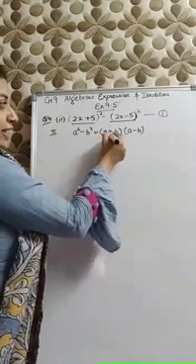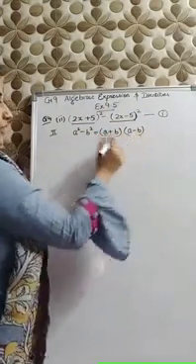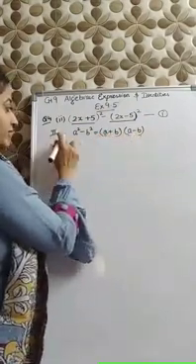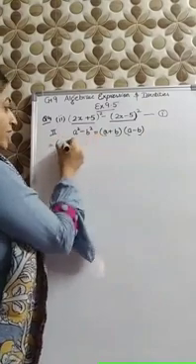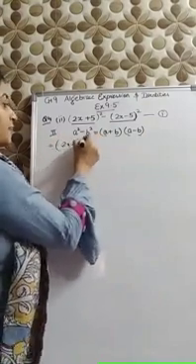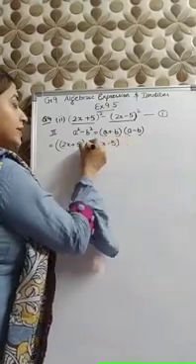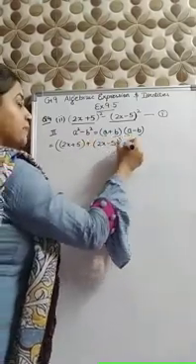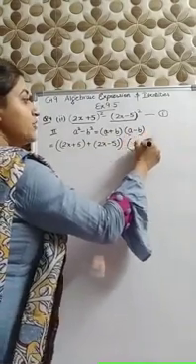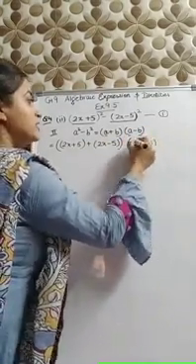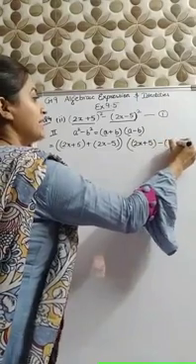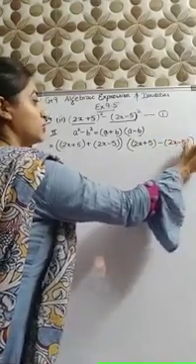The value of a is 2x plus 5, the value of b is 2x minus 5, and in between we have plus. In the second bracket, let's write the value of a as 2x plus 5, the value of b as 2x minus 5, and close the bracket.